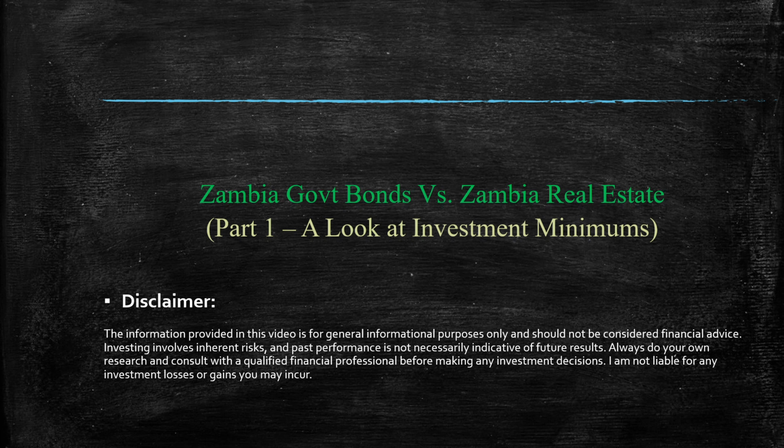If you had a certain amount of money, say 500,000 kwacha, which of these two investments would be a best fit for you? Strictly if we looked at investment minimums.